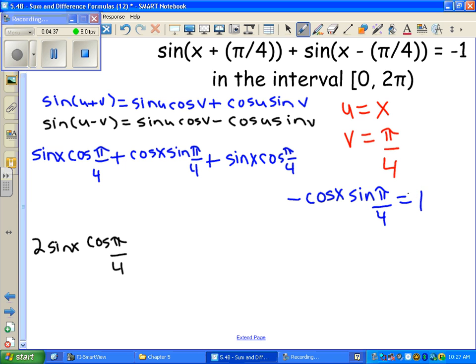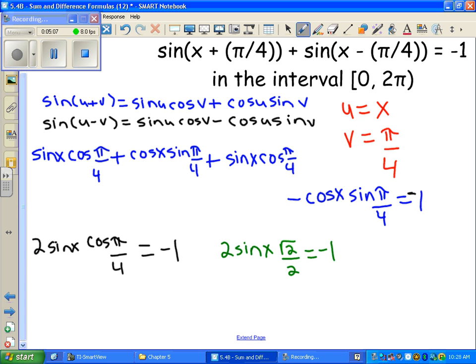Those are going to cancel, and so this expression right here is equal to -1. For my next step, I know what the cosine of pi over 4 is, so I'm going to substitute that in. So now I have 2 sine x, and the cosine of pi over 4 is the square root of 2 over 2, equals negative 1.